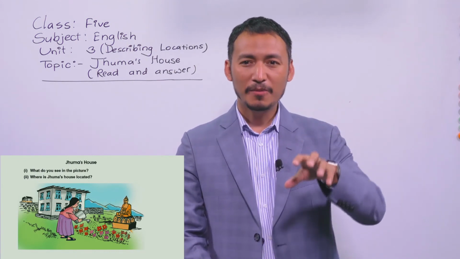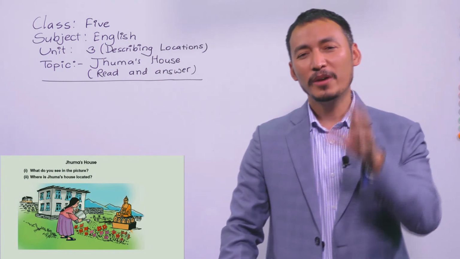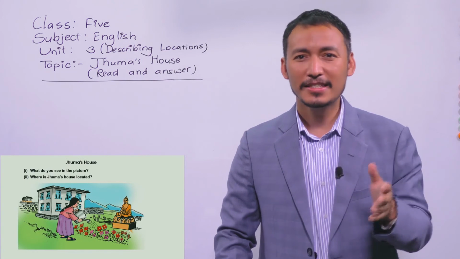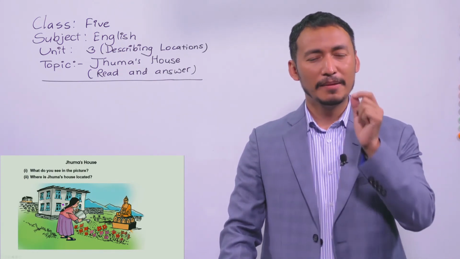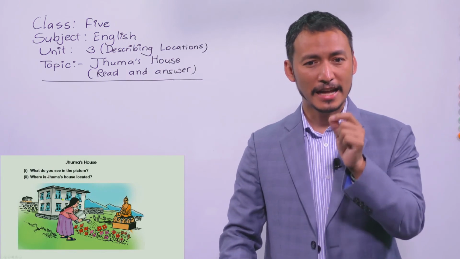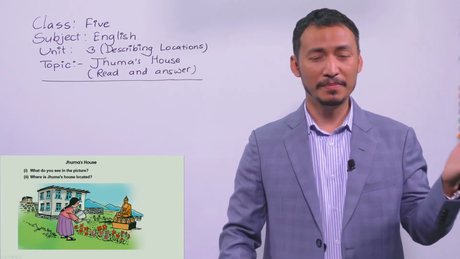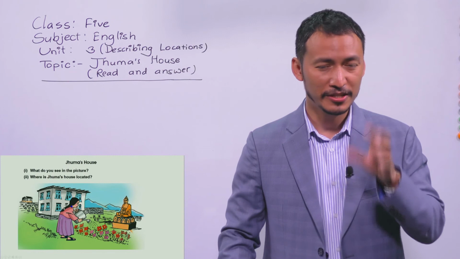And when you have to say where the thing is located exactly, in this case you have to use prepositions. Prepositions like you have heard: in, on, at, between, in the middle. These are prepositions to describe the things.